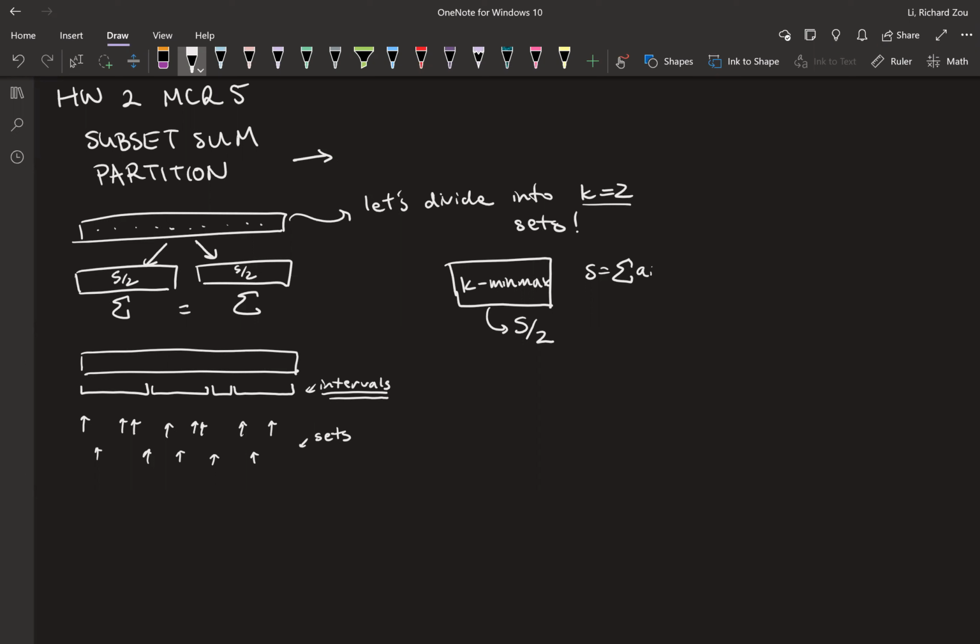So if this gives us s over 2, then we know that partition must be correct, because there's some way of dividing into two sets such that one has s over 2 and the other has s over 2.